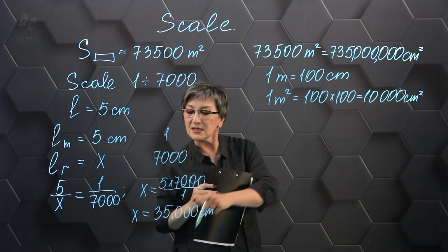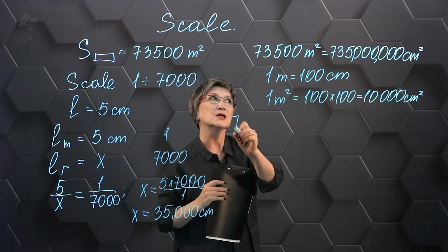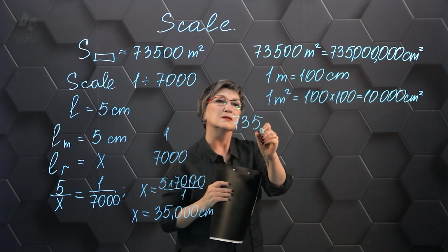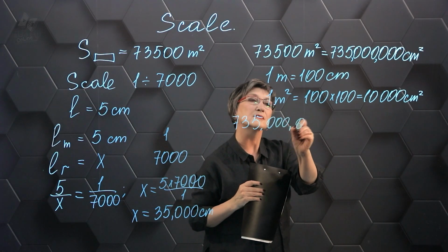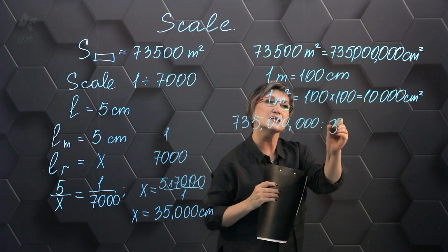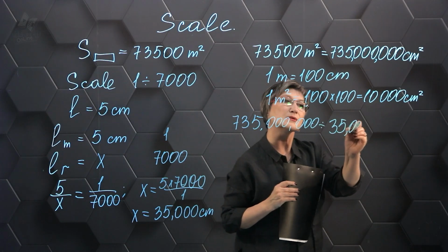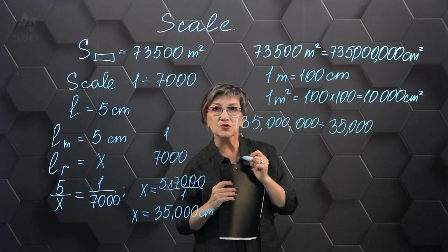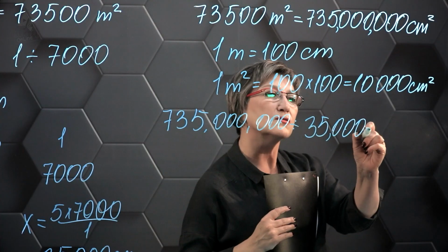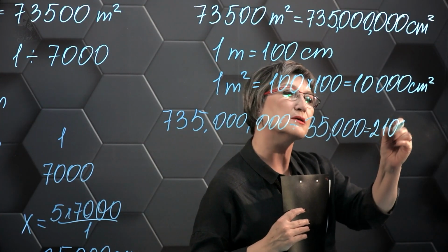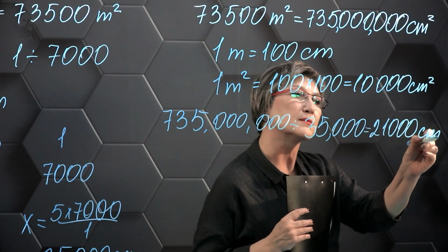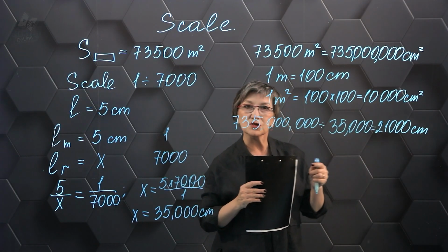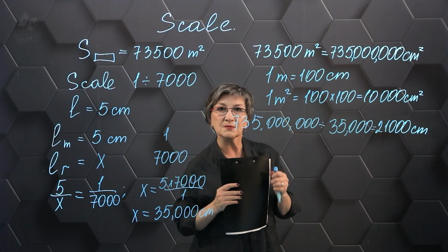In order to find the width, we need 735 million divided by 35,000. And then we find the width of this rectangular plot of land is 21,000 centimeters. The real width of our plot is 21,000 centimeters.